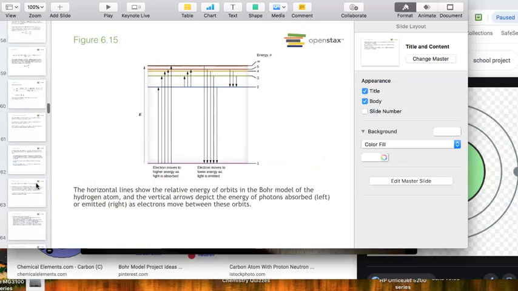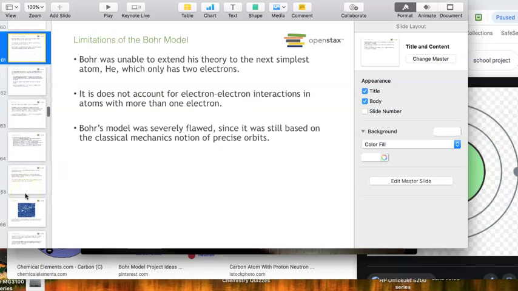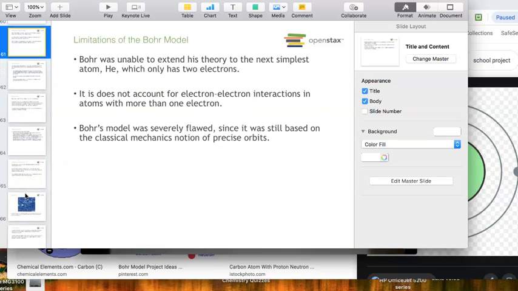All right, so let's talk about limitations in Bohr's model. He was able to explain the hydrogen atom fairly well, but when he tried to use his theory for helium, which has 2 electrons, he could not fit his data with his model.